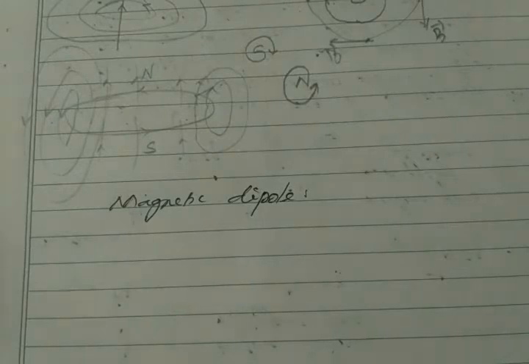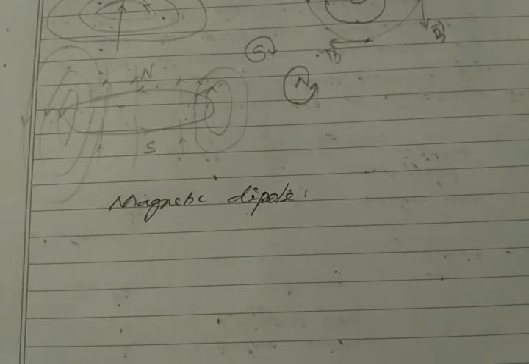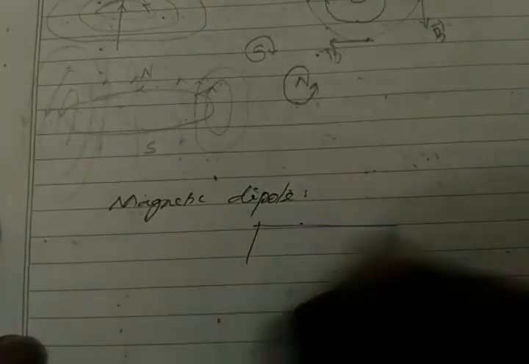The next one is the magnetic dipole. What is meant by electric dipole? Electric dipole means two charges of the same magnitude and opposite in sign, separated by a small distance 2a. That is an electric dipole, right? Here also for a magnetic dipole, we have a magnet with two poles.